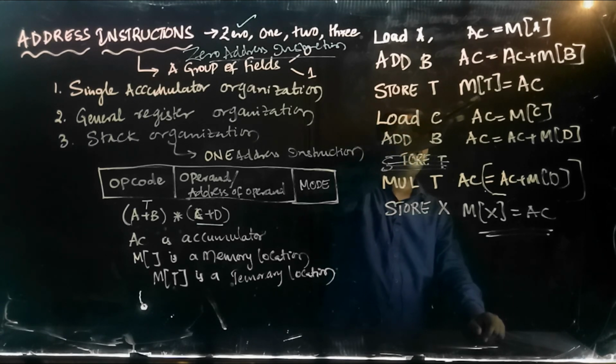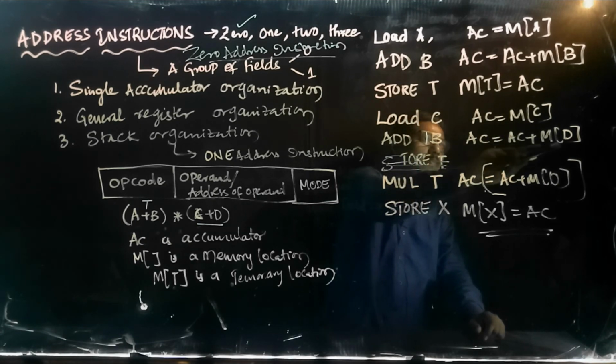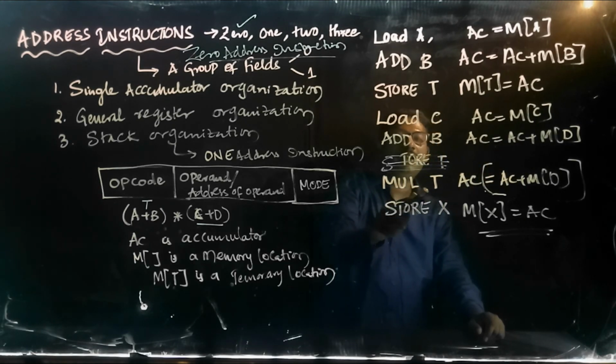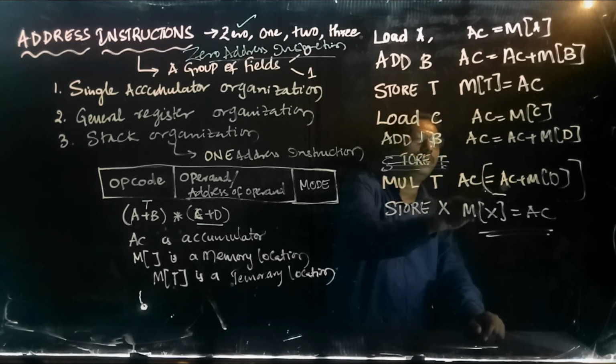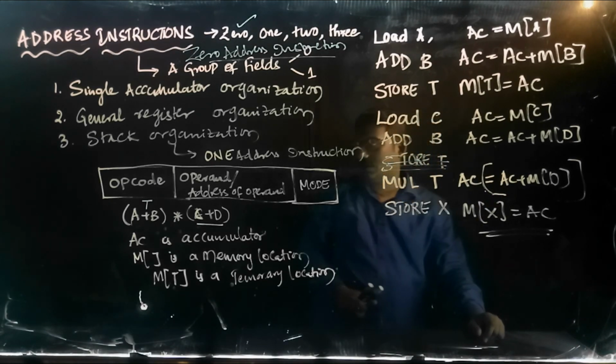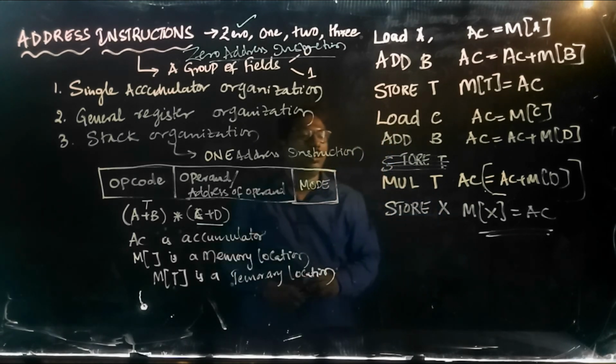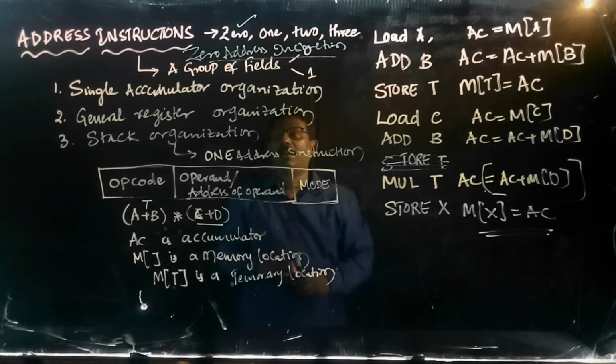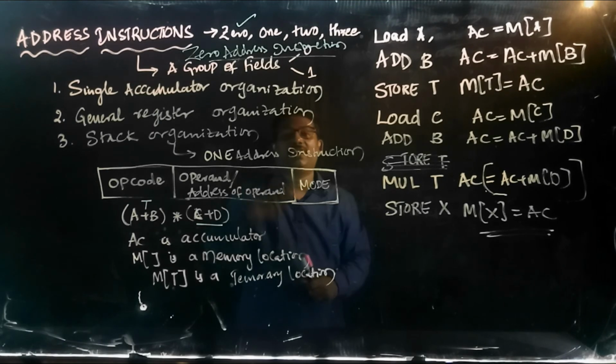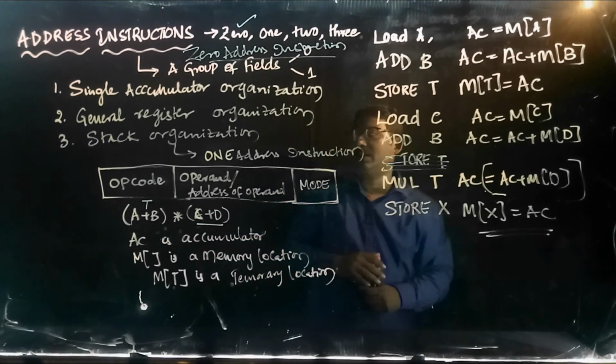Then store T, M of T equal to AC, load C, AC equal to M of C, add D, AC equal to AC plus M of D. Then mul T, AC equal to AC times M of T. Then store X, M of X equal to AC. So by this we completed the equation which is of one address instruction. This is of one address instruction.